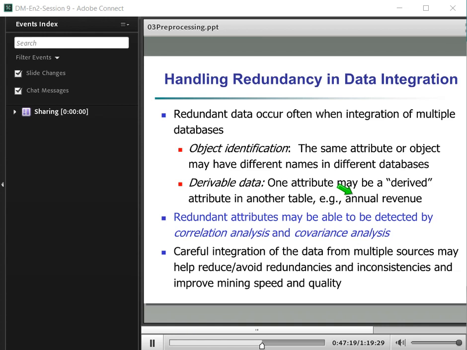It's a derivable attribute. Okay. When the data is redundant, it should be clear. When the data is redundant, for example, I have two different bank accounts.